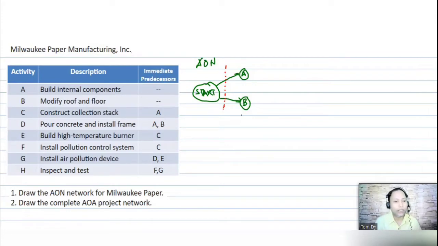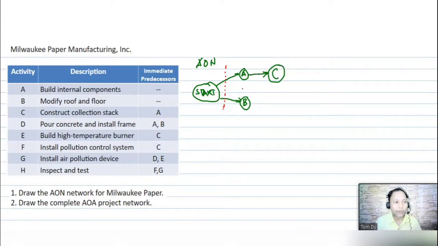And then we have here C, this is an activity after A. So after A, you have here C. I will draw here activity C with an arrow.